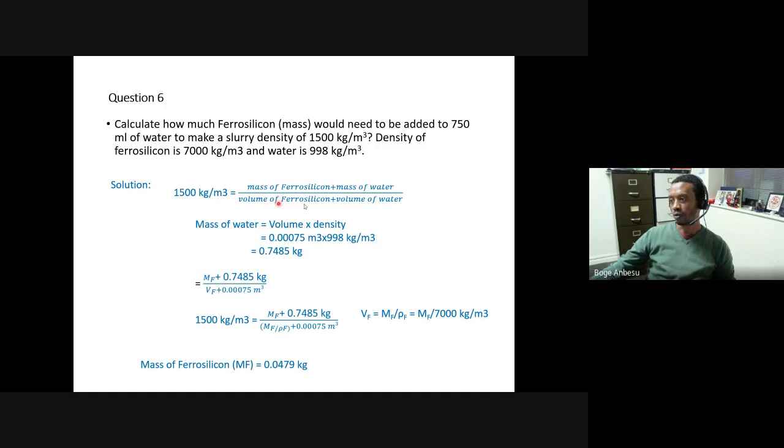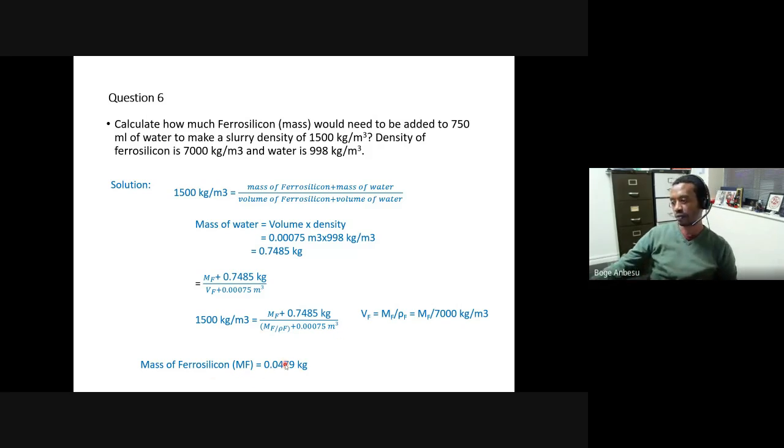I don't know volume of ferrosilicon, but I know the density. So instead of using volume here, I'll just use mass by density of ferrosilicon. For water, the volume is already given there. So if you use the right numbers, you should be able to calculate mass of ferrosilicon.